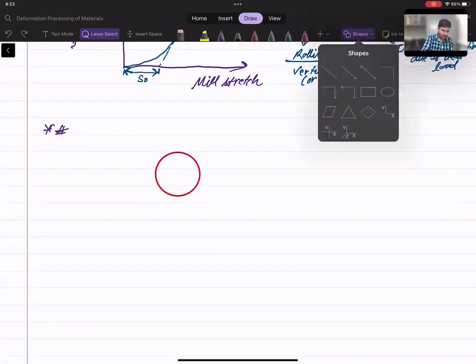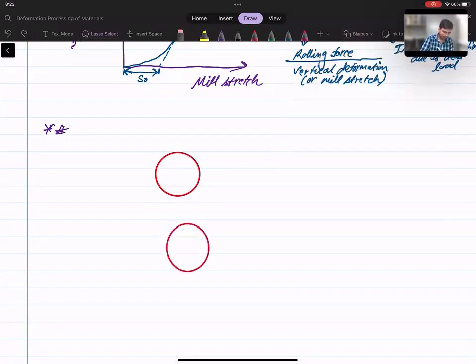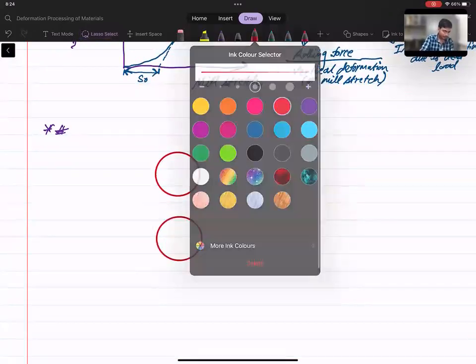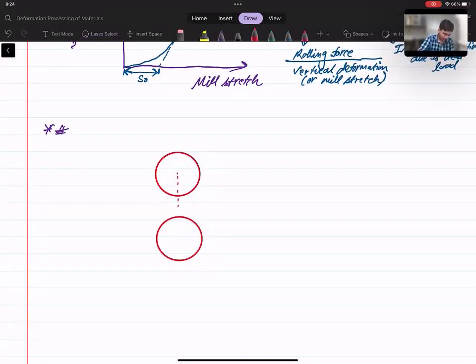So suppose this is another roll. Okay, and these are aligned with each other.